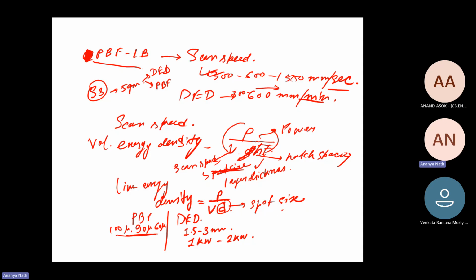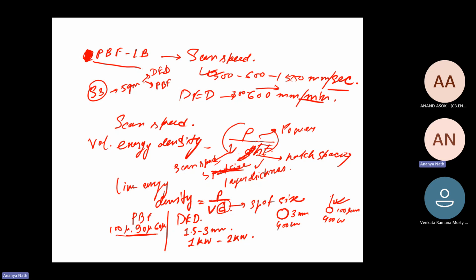Energy density is basically at this spot how much power is coming. If my power coming here is 400 watt, but my spot diameter is 3 millimeter, and here my spot diameter is 100 micrometer, and the same 400 watt is coming, what do you think? This will have greater power density than this one.